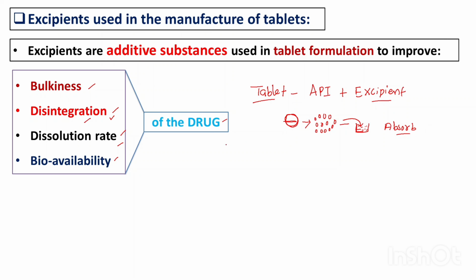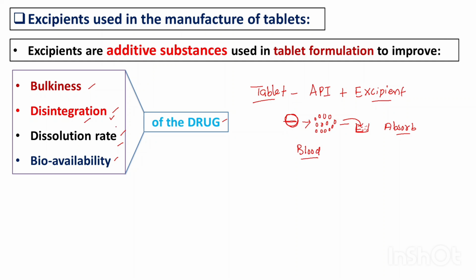After absorption, it will be available in our systemic circulation, the so-called bloodstream, right? From the bloodstream, the blood goes to the different tissues or organs, and where the disease is initiated or the organ is affected, in that place the drug will be applicable, and we will get the pharmacological action of that tablet dosage form.